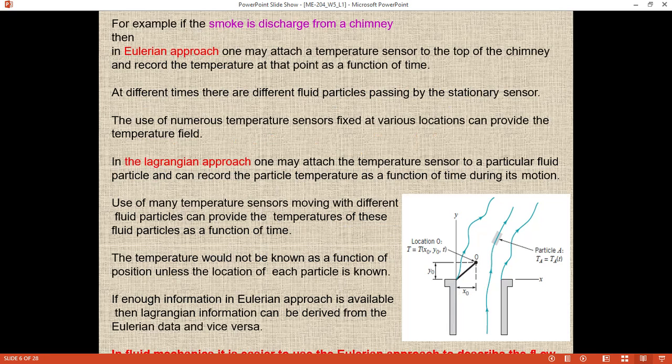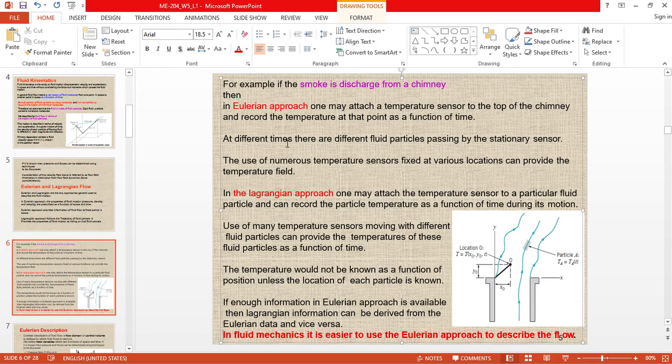Let's see an example of smoke discharging from a chimney. How can we apply the Eulerian and Lagrangian approach to the same case, and how are they different? In the Eulerian approach, one may attach a temperature sensor to the top of the chimney and record the temperature at that point as a function of time.